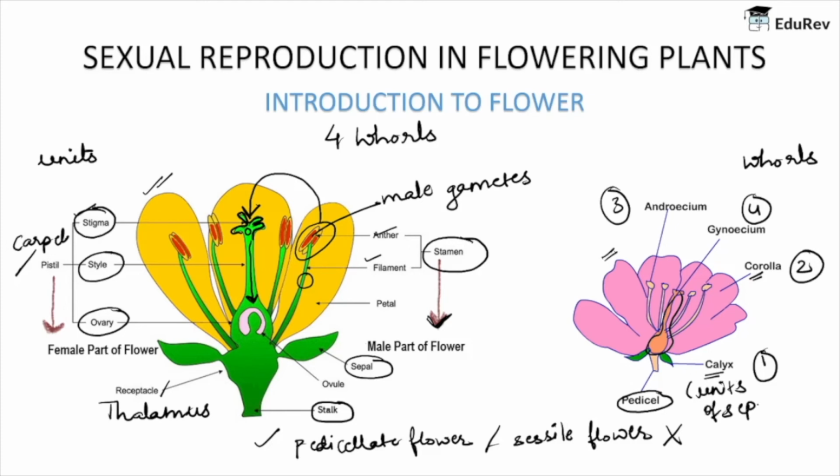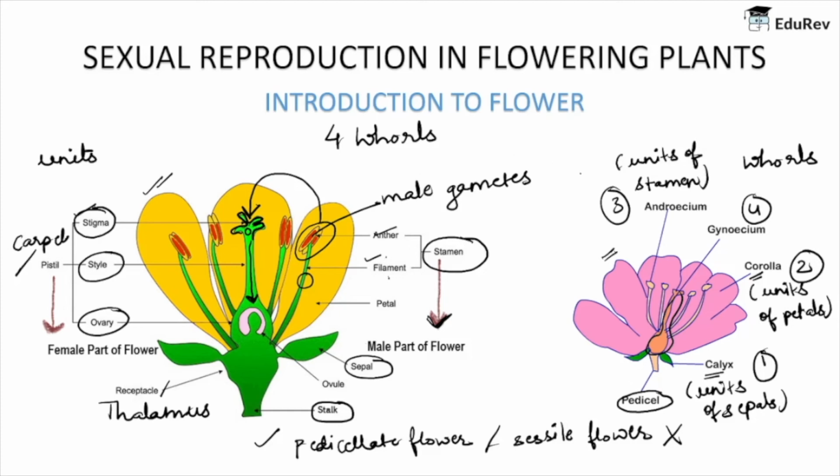And the corolla is colorful, which has units of petals. And the androecium has units of stamens, which are further divided into, listen carefully, anther and filament.